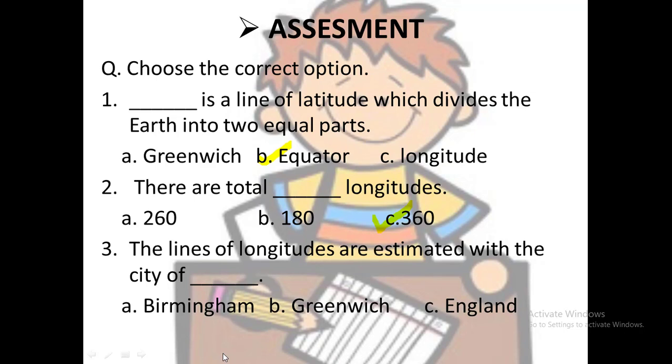Number 3, the lines of longitude are estimated with the city of dash: Birmingham, Greenwich, England. Very good. The correct option is England.